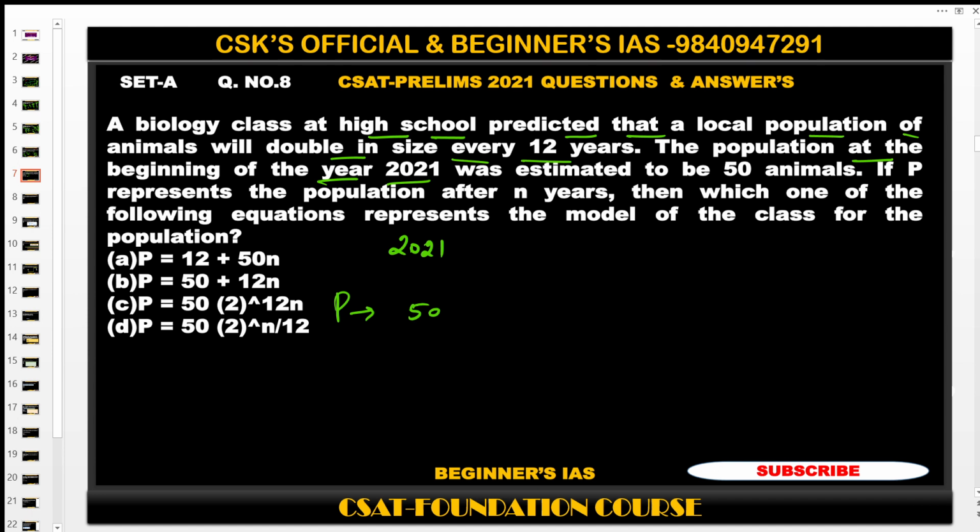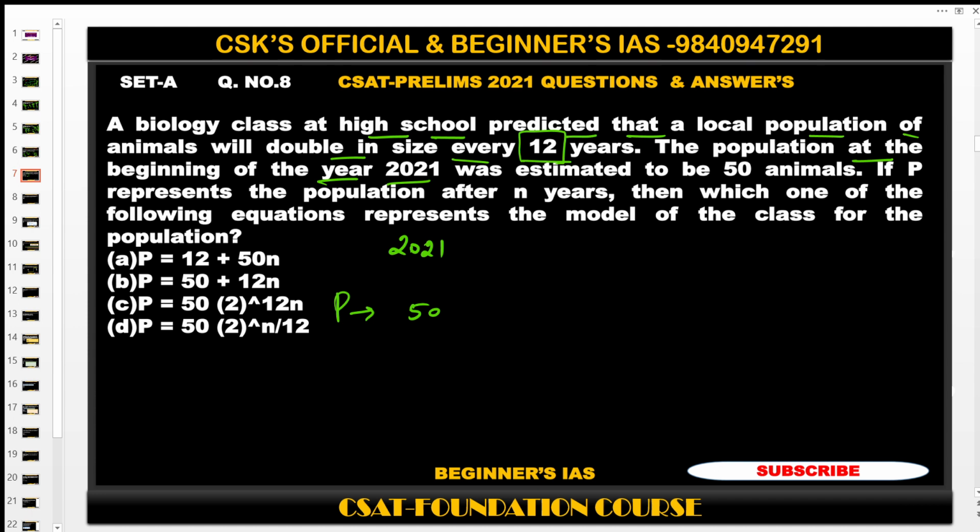It doubles, that is the thing provided here itself. So if P represents the population after n years, then which one of the following equations represents the model for the population?